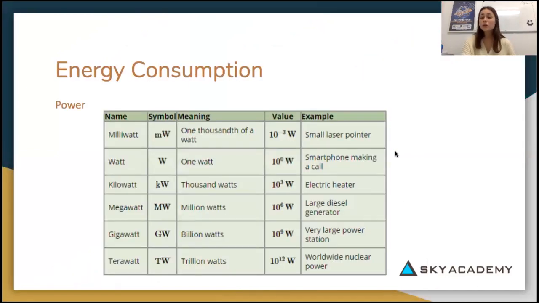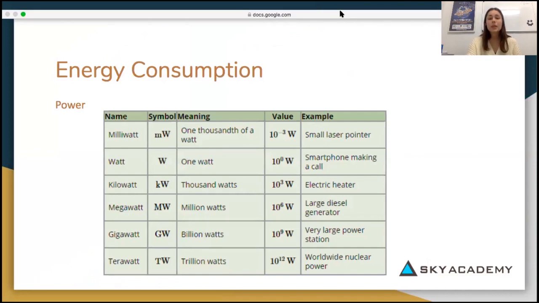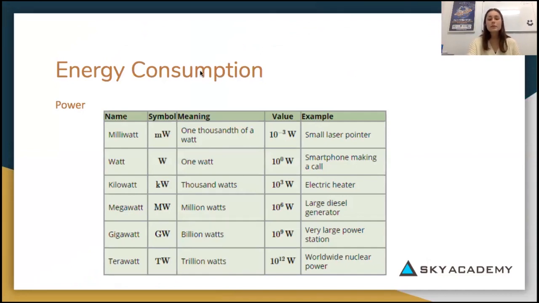So this table does a nice little summary of all the different units of measurement within energy consumption, but the main ones we're going to focus on and use quite regularly are watts and kilowatts.